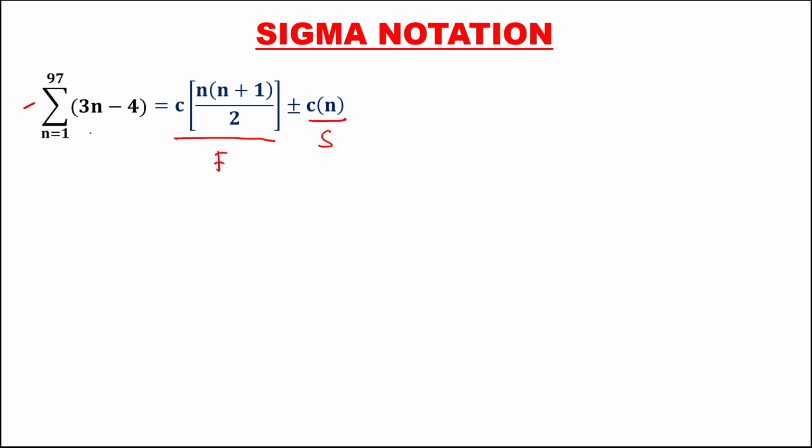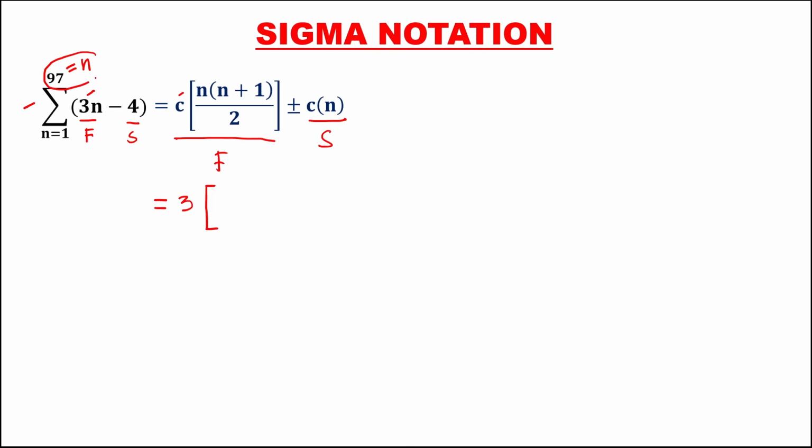From this given, this is the first term, and this is the second term. To substitute now the values, for C, the constant in the first term, this one is 3, then times n. Take note, n is the upper limit.